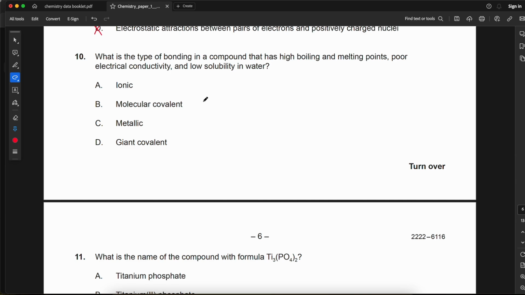They have high melting and boiling points because a large amount of energy is required to break the strong covalent bonds that hold atoms together. They do not conduct electricity well because there are no free moving charged particles like ions or electrons within the structure. So it is a giant covalent structure for the answer number 10.